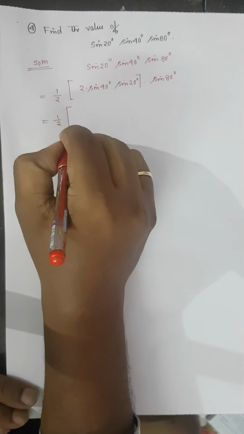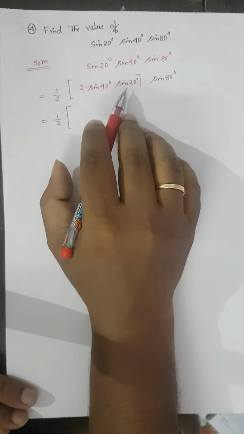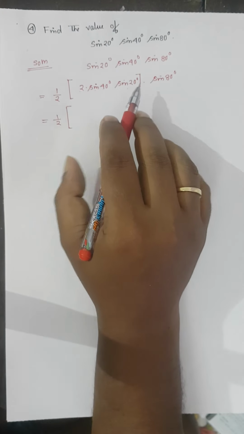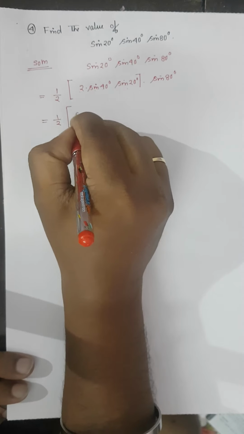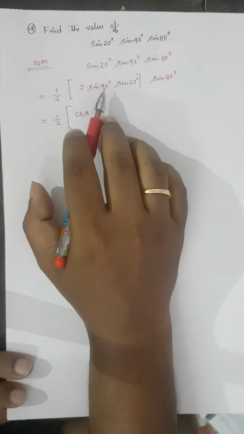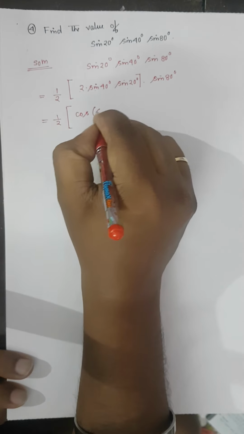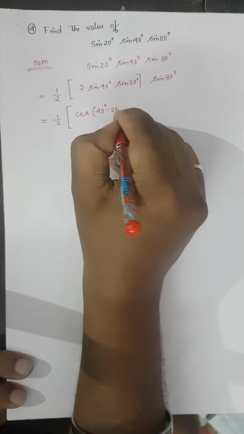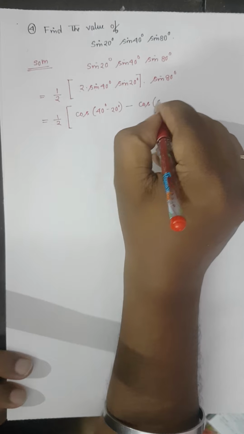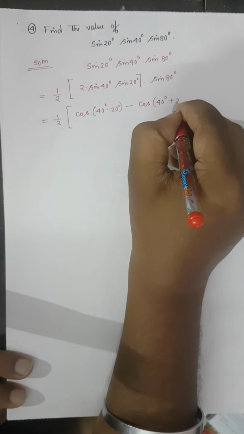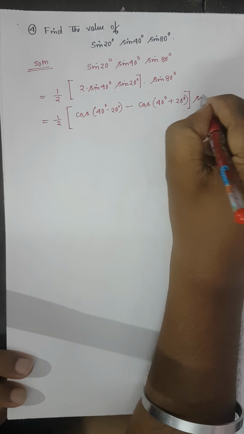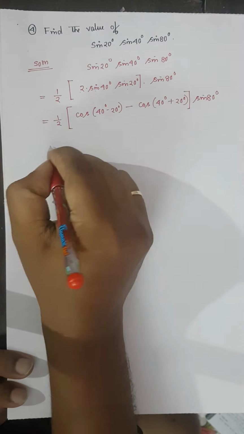Now the formula of twice sine A sine B is equal to cos A minus B minus cos A plus B. So it is cos of 40 degree minus 20 degree minus cos of 40 plus 20 degree, into sine 80 degree.